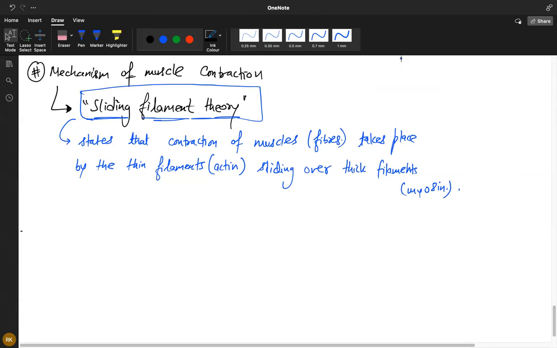So write down the signal for the contraction of muscle.